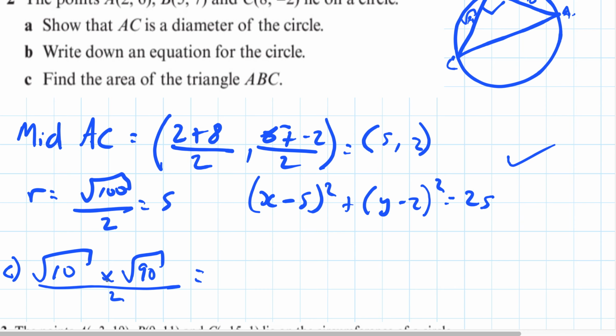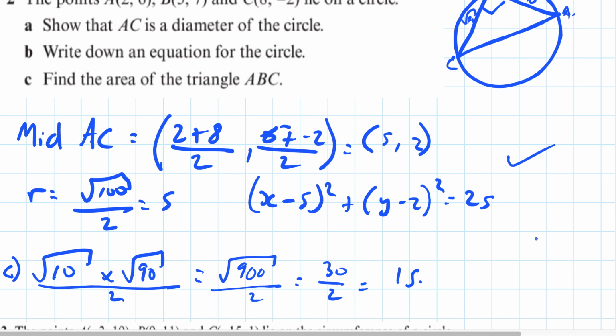That equals square root 900 divided by 2, which equals 30 divided by 2, which equals 15. Cool, so that's the area of the triangle.